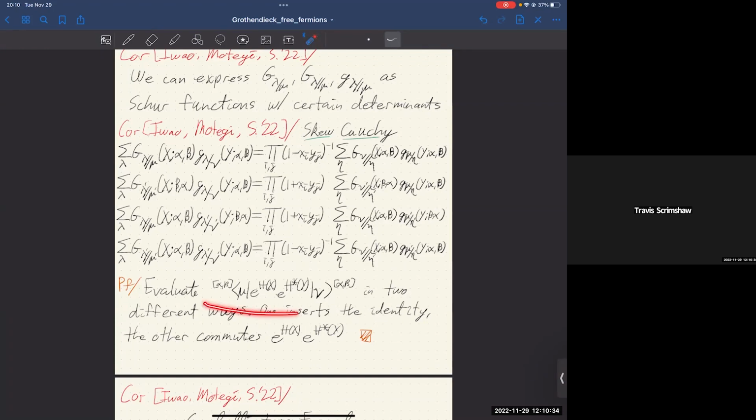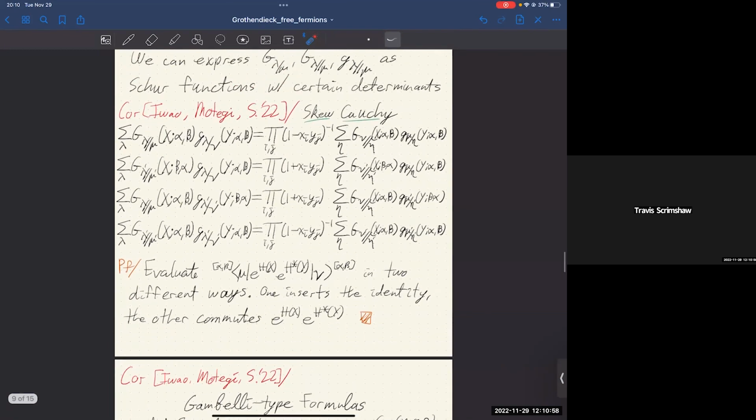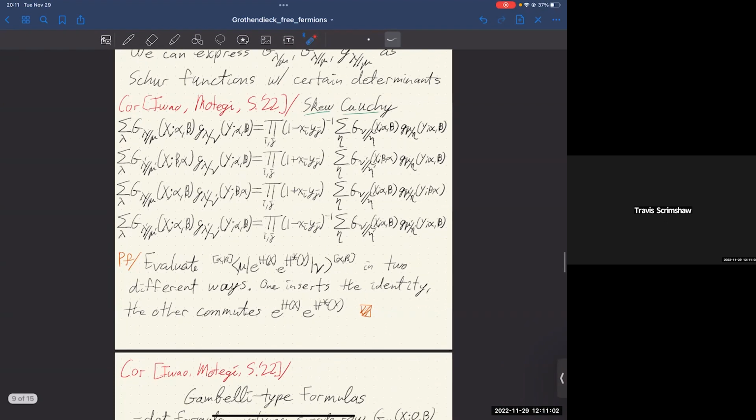And it's just evaluating this vertex operator in two different ways. One, we insert the identity element in here, and then two, we do the commutation and then insert the identity element. So it just becomes a very simple computation.